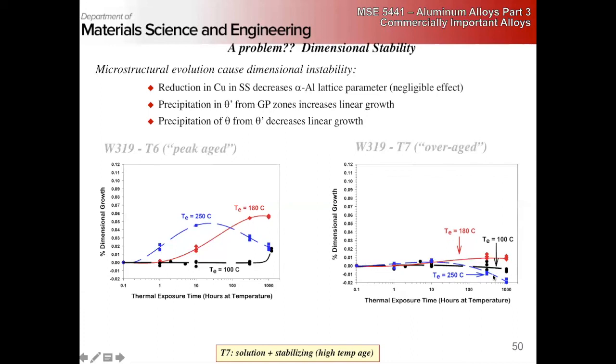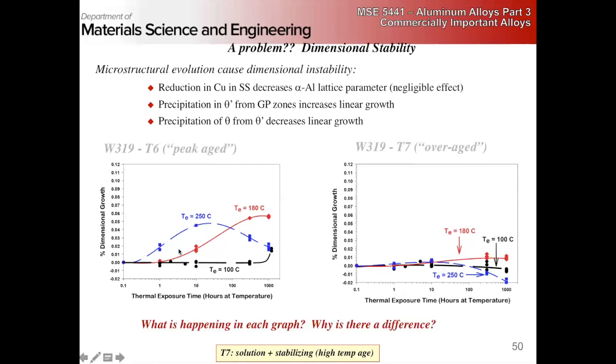In the overage state, we can see that we shrink after a long thermal exposure. So this is this T7, it's given a stabilizing treatment. We give it a high temperature to sort of exhaust this, so we're more stable at longer periods of time.